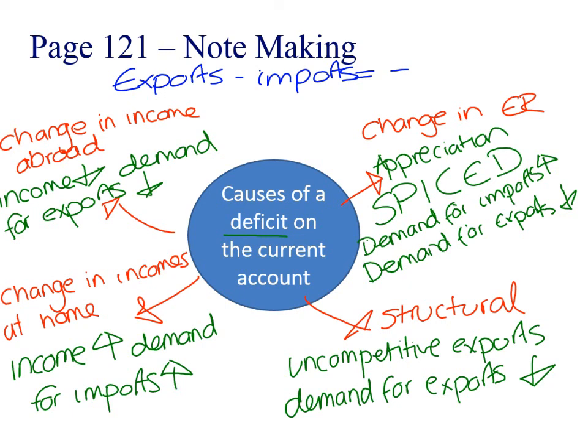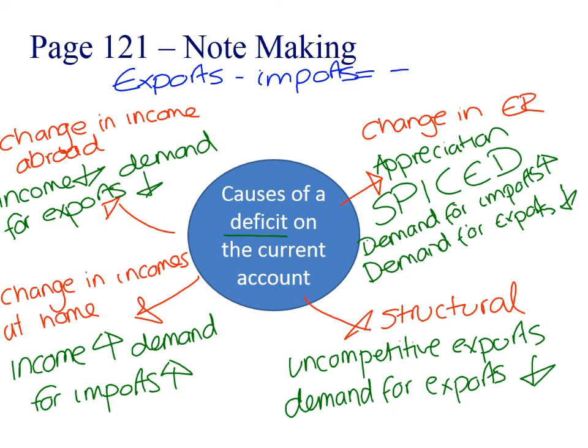But anyway, a change in the income abroad can also cause a current account deficit. So if incomes abroad fall, so they've got a recession, then demand for exports is going to fall as well. A change in incomes at home can cause a deficit as well. So if we have a boom, our incomes are going up, we are going to be buying more of all types of goods. Now, we don't buy our own exports.